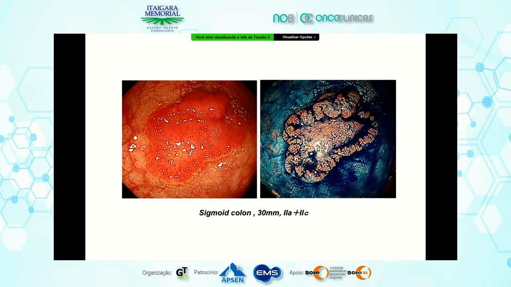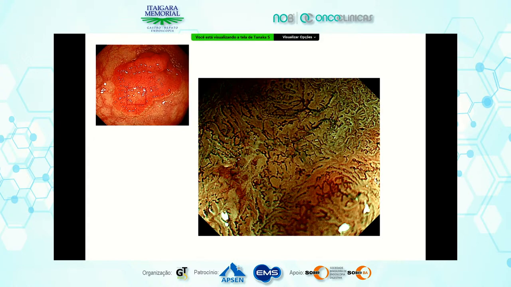Last case. This is 2A plus 2C, a so-called LST non-granular type, pseudo-depression. This is an NBI magnifying view.